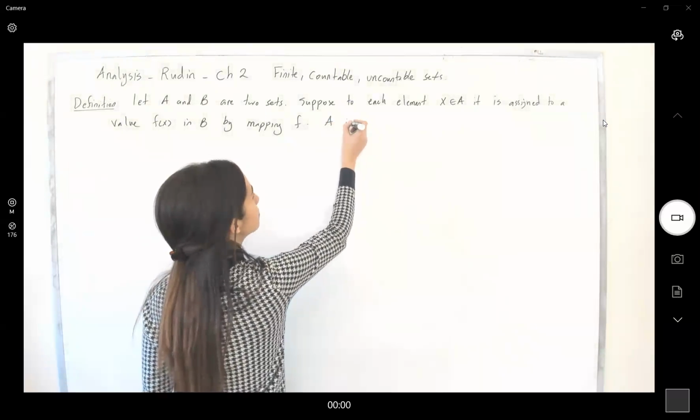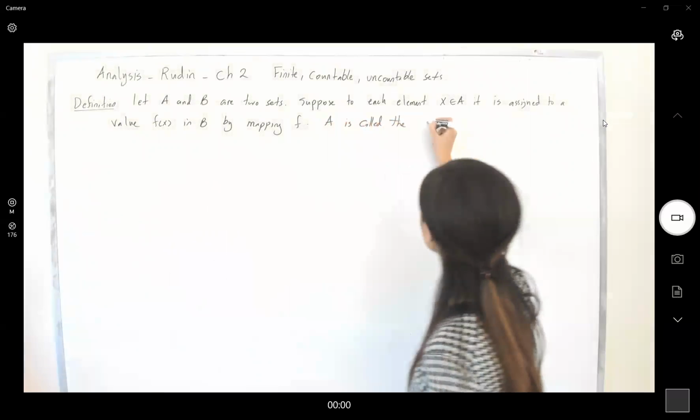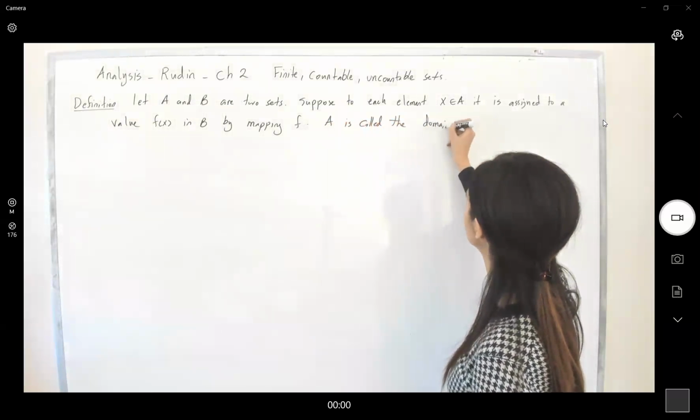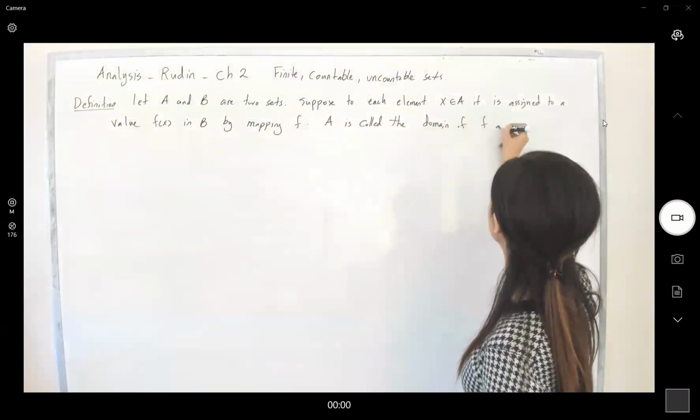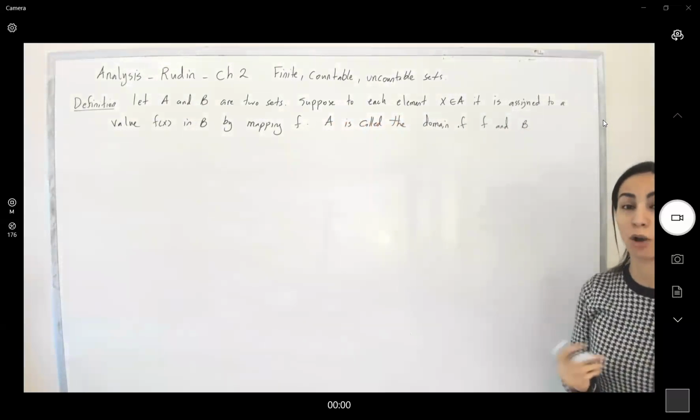A is called the domain of the function, and B in general is called the codomain.